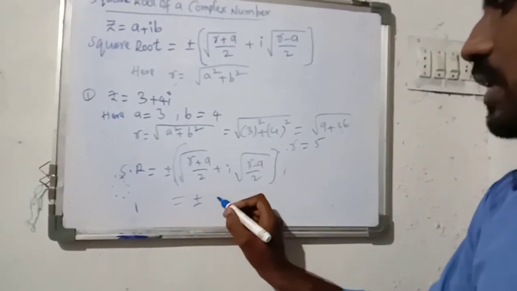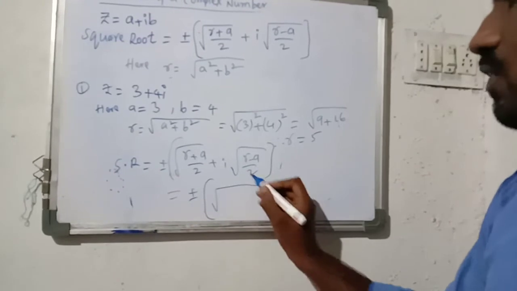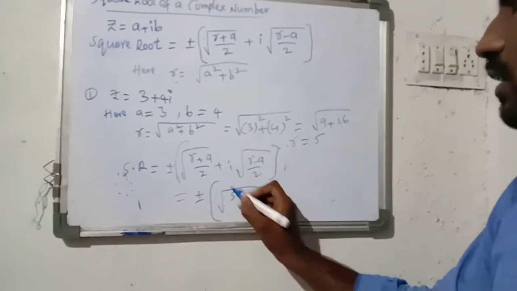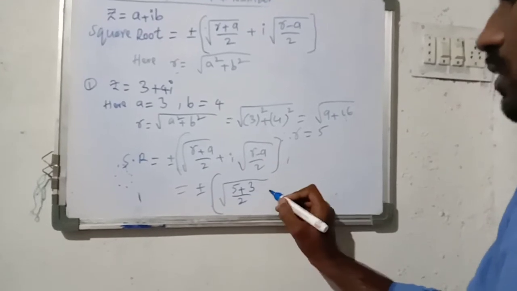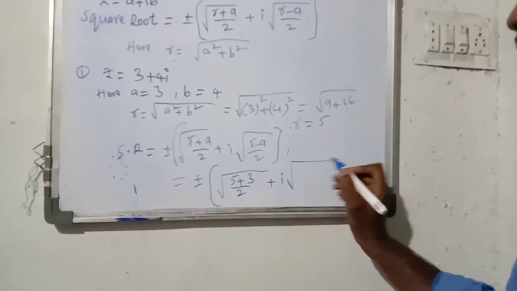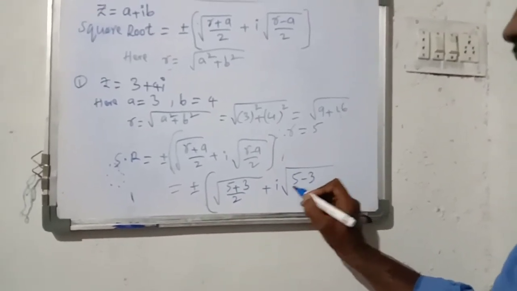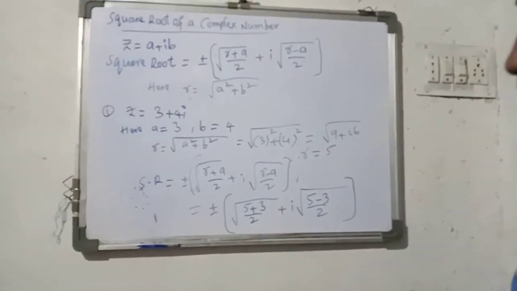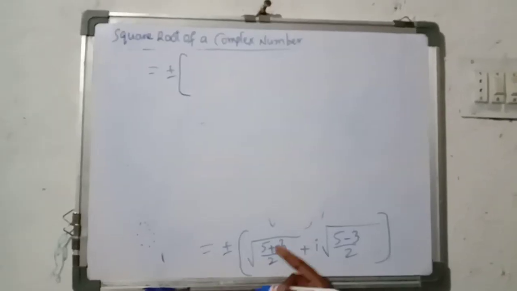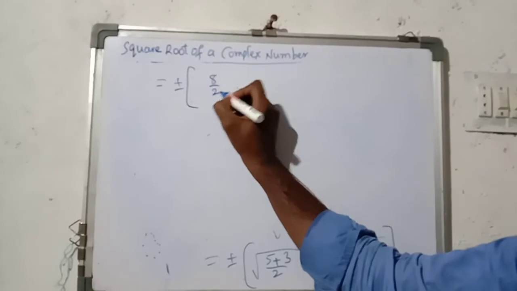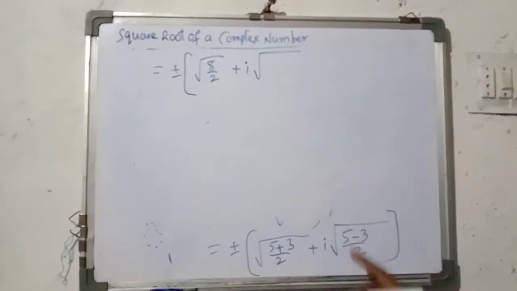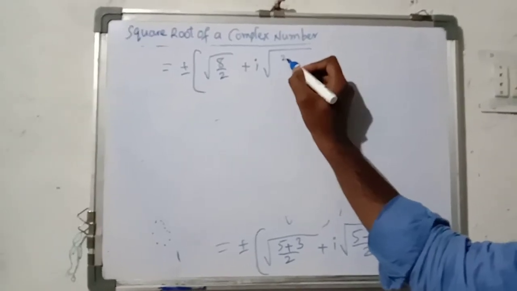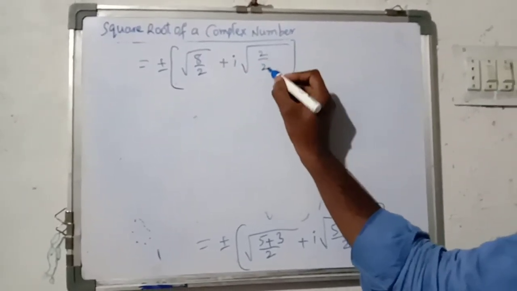So the answer is plus or minus under root of (5 plus 3) by 2, plus i into under root of (5 minus 3) by 2. 5 plus 3 is 8, so under root of 8 by 2, plus i into under root of 5 minus 3, which is 2, so under root of 2 by 2.